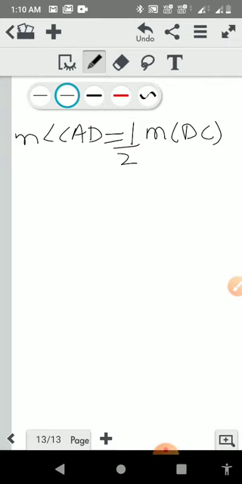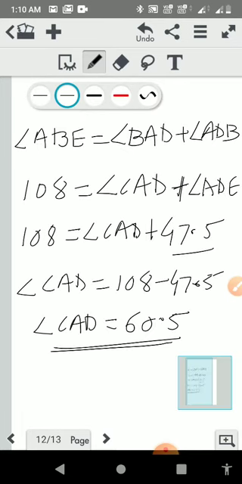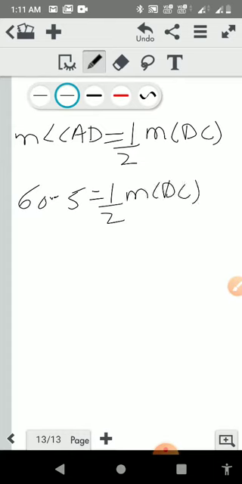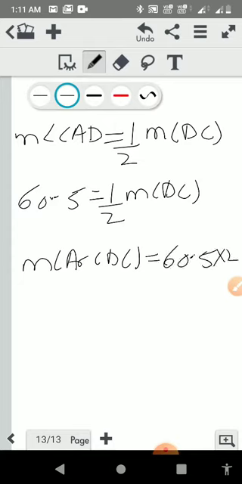Now if we see this CAD, we have calculated it here, isn't it? So it is 60.5. I just put the value here. It is 60.5, which is equal to half of the measurement of arc DC. So I can write the measurement of arc DC equal to 60.5 times 2, simply.